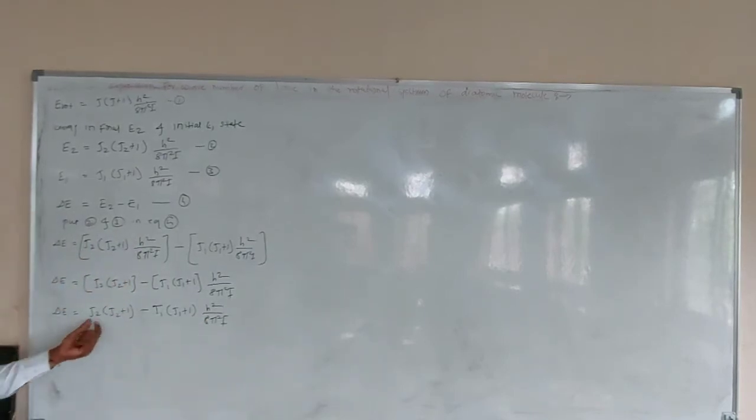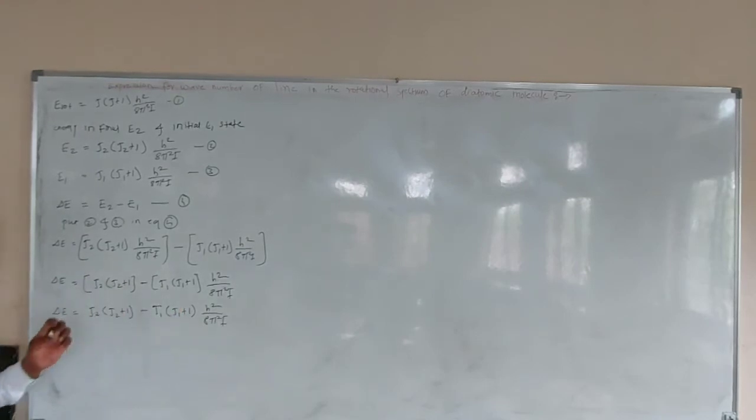Now multiply by J2 inside the bracket and J1 inside the bracket.